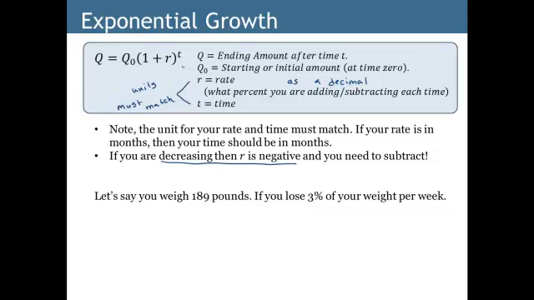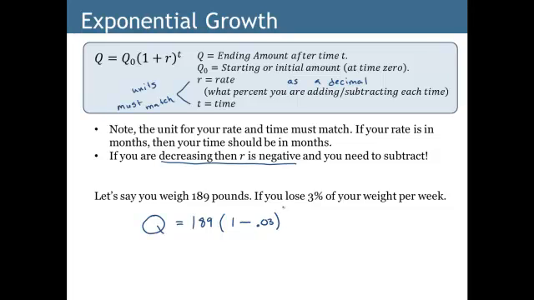So let's take a quick look here. Let's say you weigh 189 pounds, and you lose 3% of your weight per week. We could model it like this. The quantity, in this case your weight, starting amount 189. You're losing 3%, so that's a decrease.